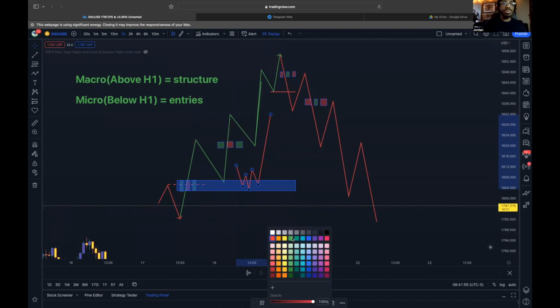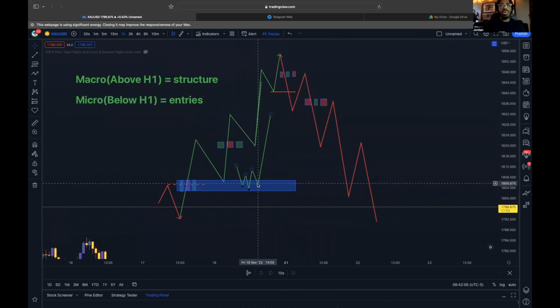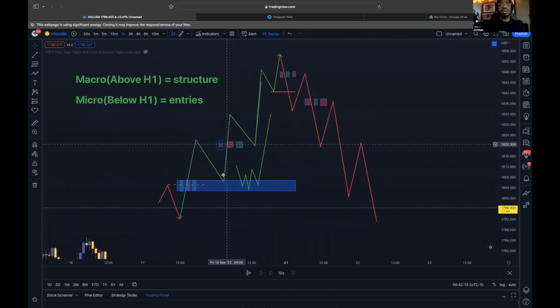Once price gets to this point and we get that nice transition, that break, and then we maintain the low, our entry point is always somewhere around here, and we get in on this next higher time frame leg of structure.